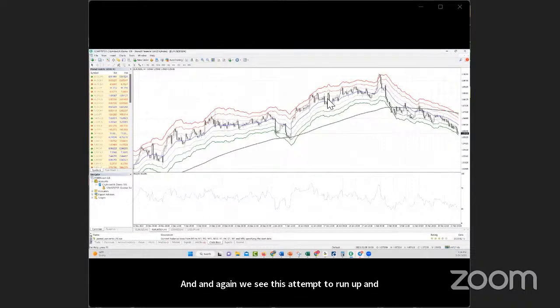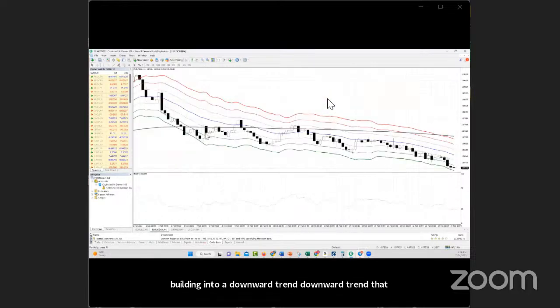Well, from these points, what you see is the price building into a downward trend that we're definitely in right now. See, we're making lower highs and lower lows, and we did not close outside of the -3 band yet.